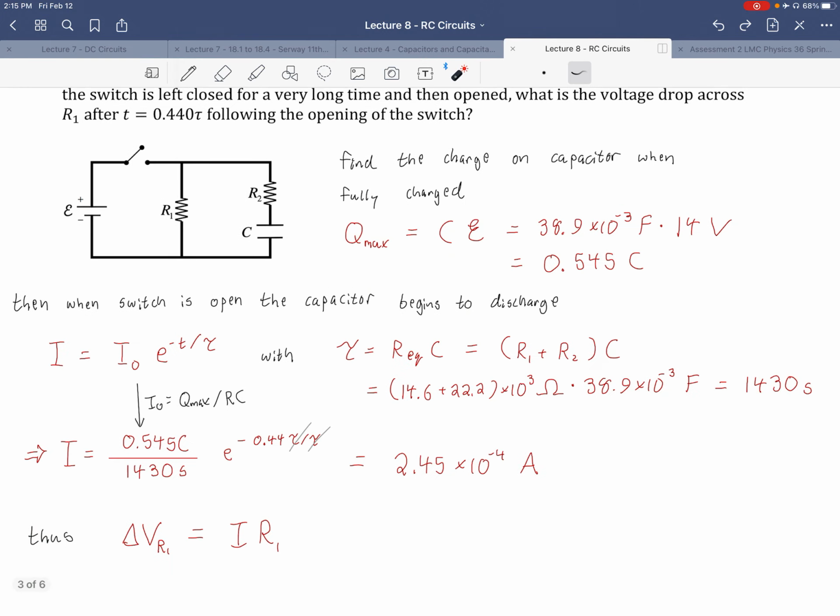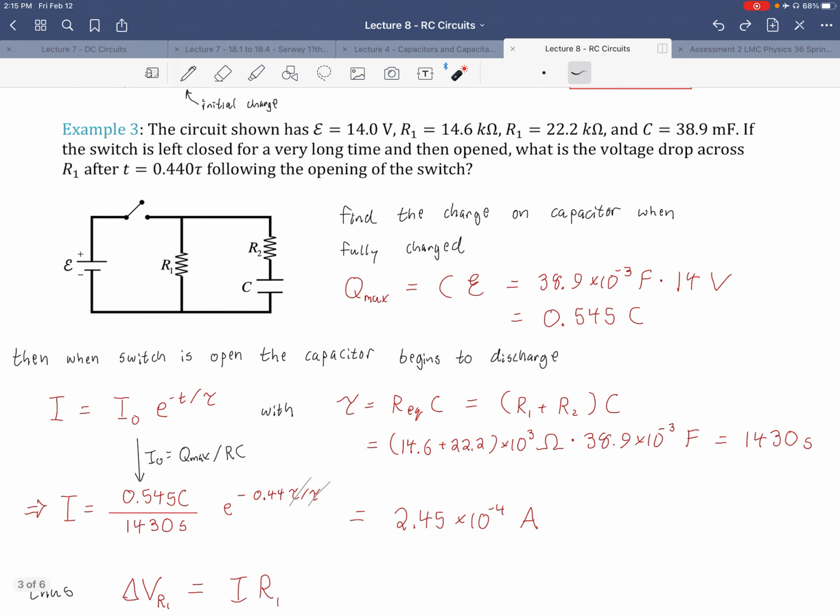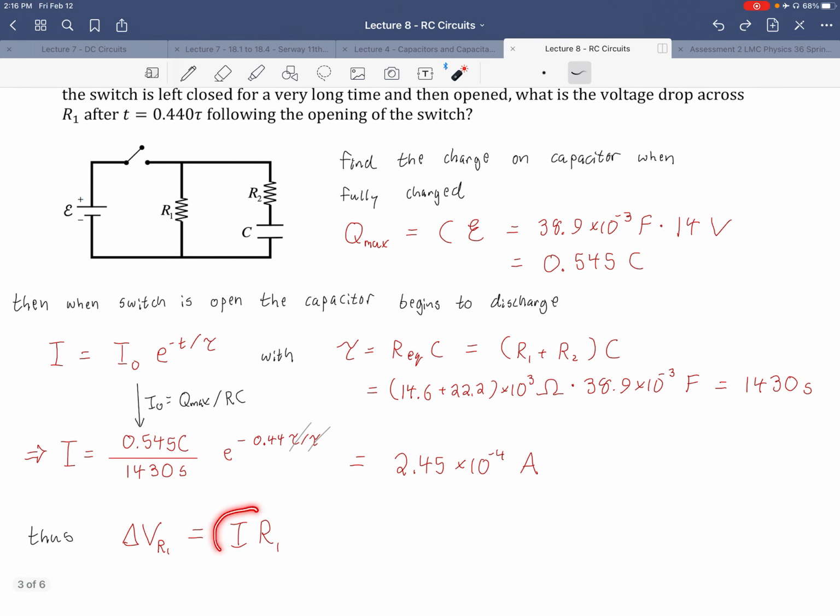And thus the voltage difference across resistor 1, because I asked what is the voltage drop across resistor 1? Now that we know the current that's shared by both resistor 1 and resistor 2, we can find the specific voltage drop across resistor 1, delta V1, at this moment in time, because this is a time-dependent voltage drop.